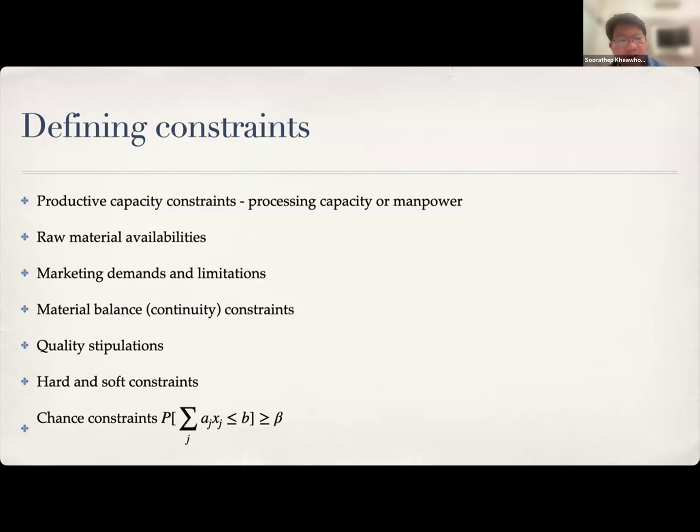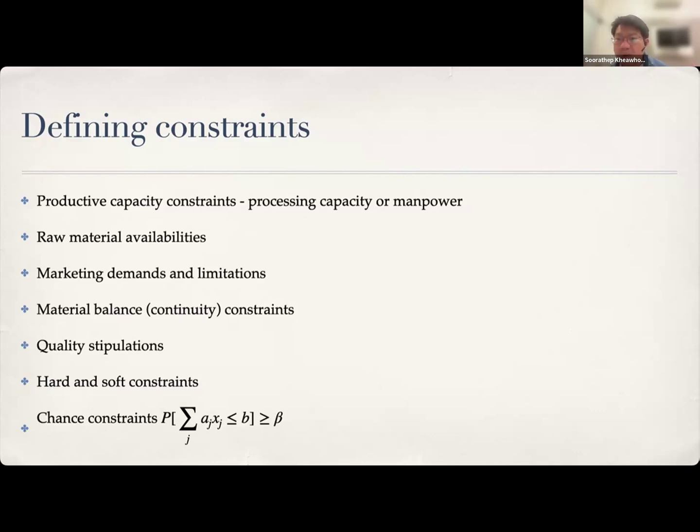The next one is raw material availability. Raw material availability means, for example, you plan to operate your plant and you have raw material, and you can use your raw material at most, for example, 100 kilogram per day. You can order something like that.